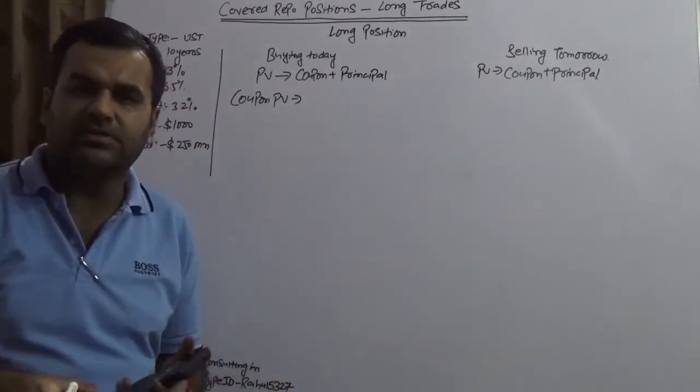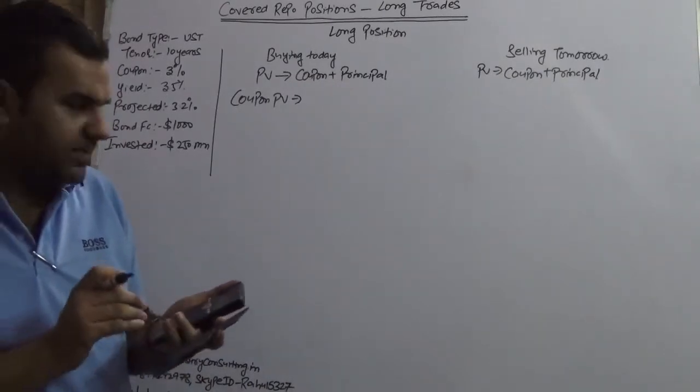Let us calculate the coupon present value at the rate of 3% for a bond.